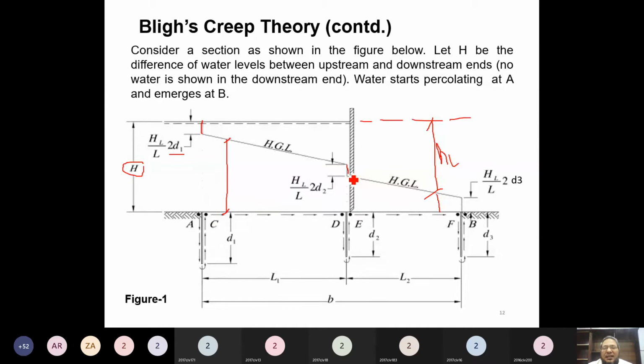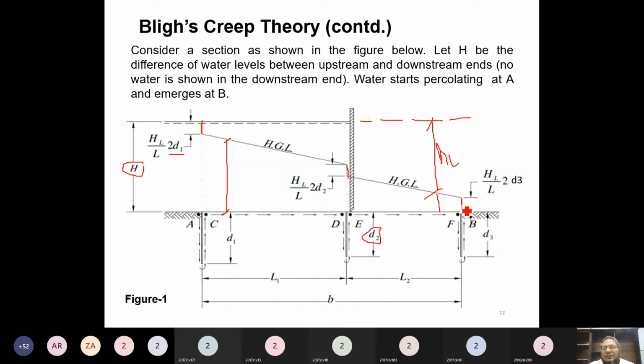Then this is the head loss due to the movement of water vertically down and up along the intermediate sheet pile. इसकी length कितनी है? D2. So how much would be this head loss? HL over L into 2D2. Okay, and then further head loss हो रहा है. ये देखें ये head loss हो रहा है ना. ये head loss किस में हुआ है? That is when the water moves under the floor.